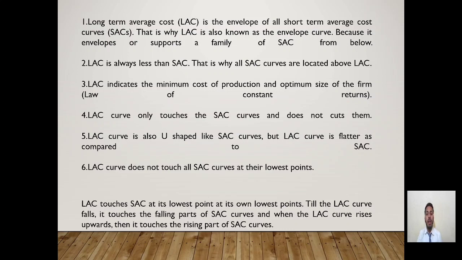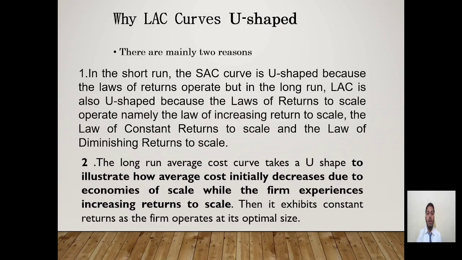When the long run average cost curve falls, it touches the falling part of the short run average cost curves, and when the long run average cost curve rises upward, it touches the rising part of the short run average cost curves.